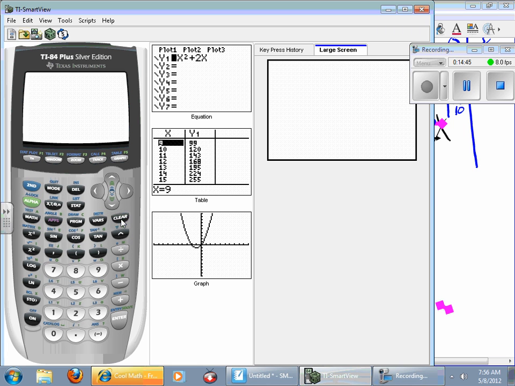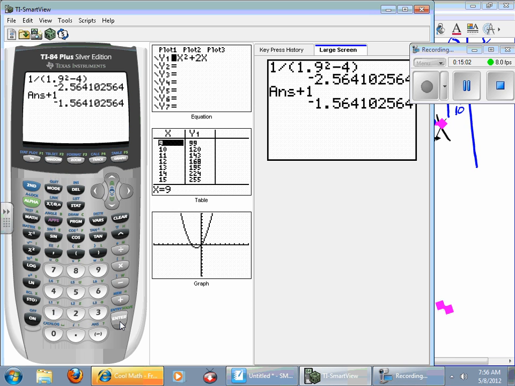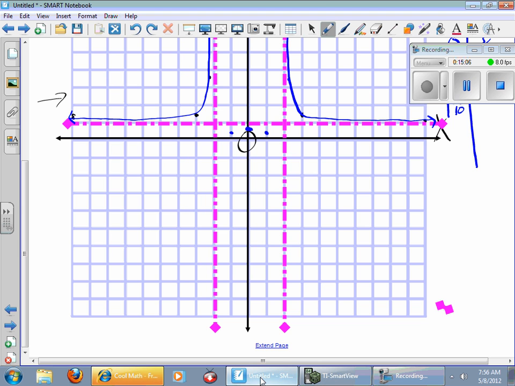All right, so my equation is 1 divided by 1.9 squared minus 4, right? And then I have to remember to add 1 to it. And I get about a negative 1.5. So when I start to get really close here to this, I start to go down negative 1.5. I start to go down here.